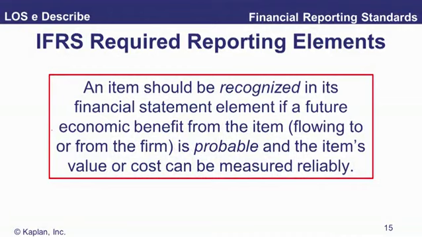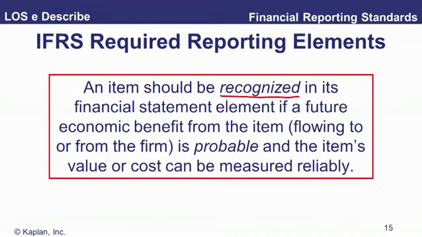So let's have a look at our IFRS required reporting elements, and we're asked to describe the general requirements. An item should be recognised in the financial statements. Recognised simply means included. An item should be included in the financial statements if a future economic benefit from the item flowing to or from the firm is probable.